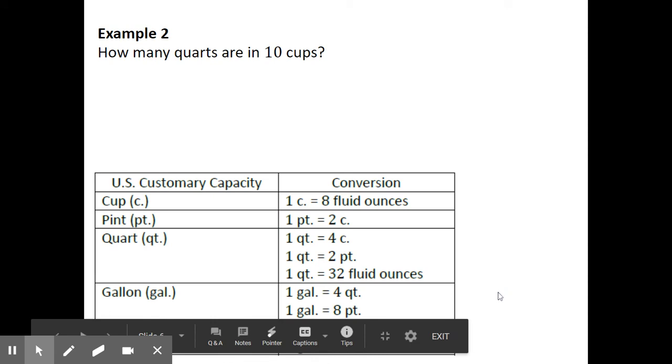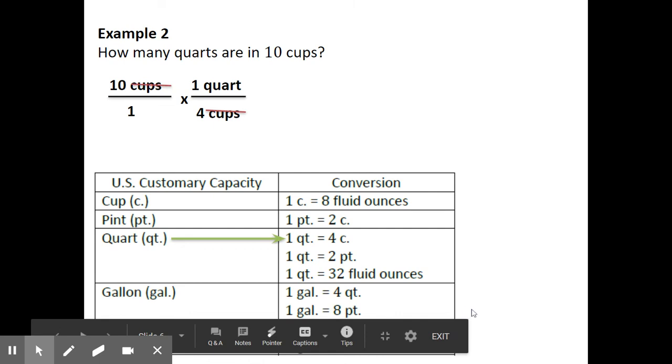All right, example 2. How many quarts are in 10 cups? Again, we're starting with our 10 cups, and this time we are going to quarts. What is the connection between quarts and cups? 1 quart is 4 cups. And again, we have our cups that are going to cancel out.